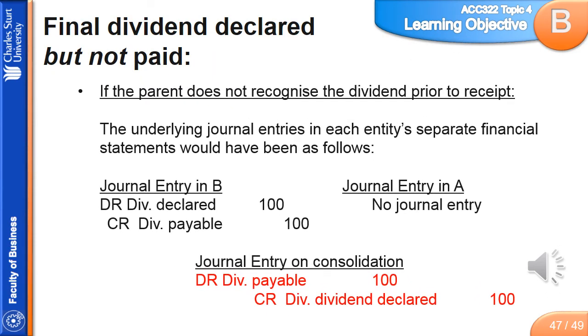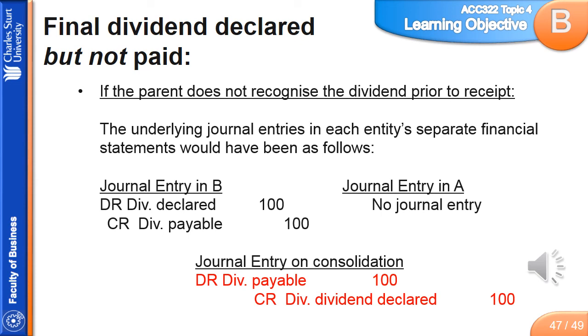So if the parent did not recognise the dividend prior to receipt, I'll show you how this example from the previous slide would change. Assume that it is recognised, but if it's specifically stated not to, this is what we'd do. The underlying transactions in the subsidiary B would stay the same as the previous slide.